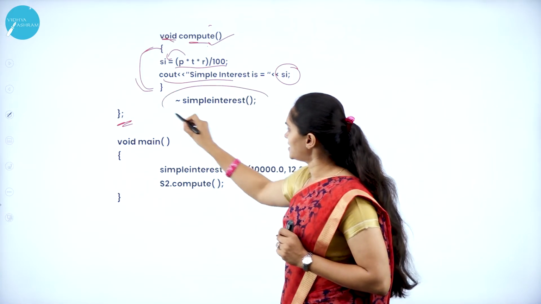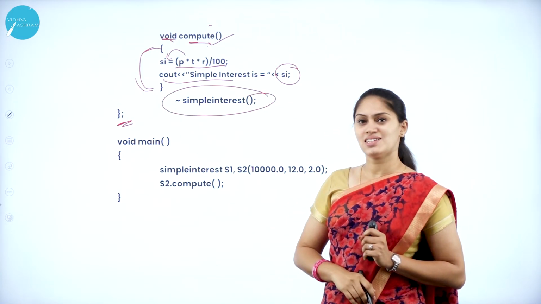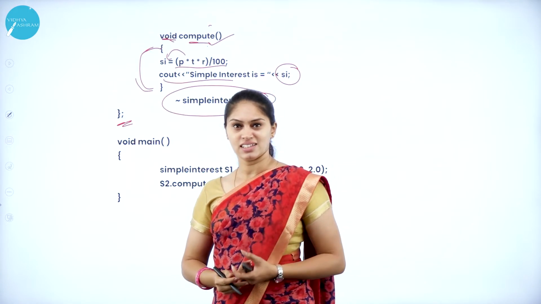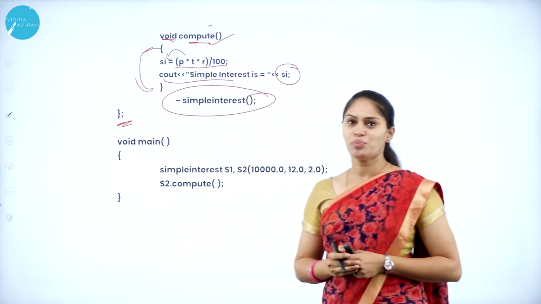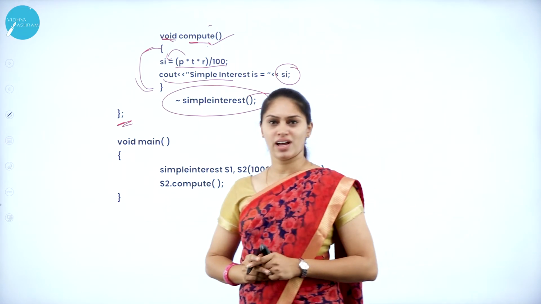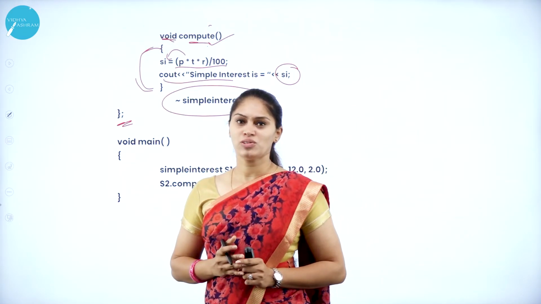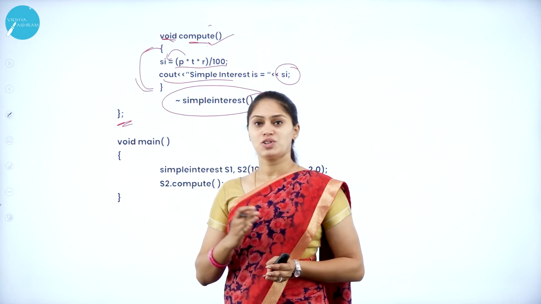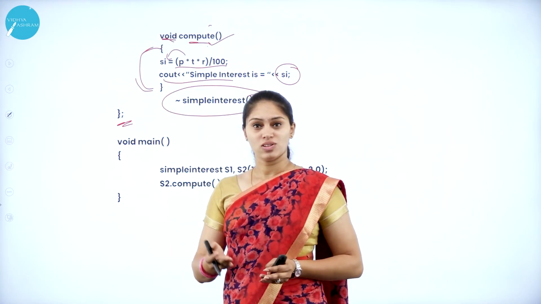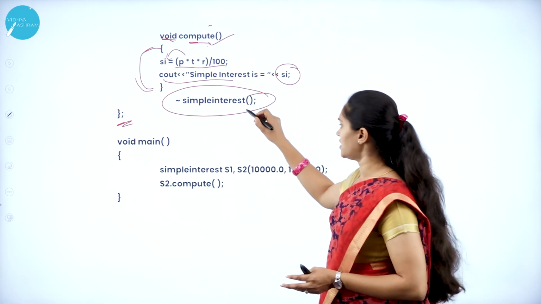Now I have discussed with you the destructor. How many destructors can I use in a single program? It must be only one. Whatever resources I allocate for the constructor will be deallocated by making use of this destructor.